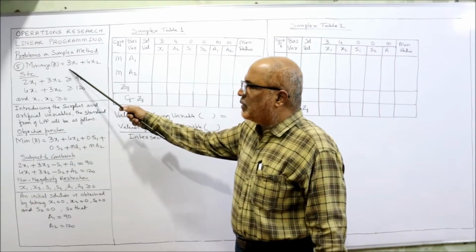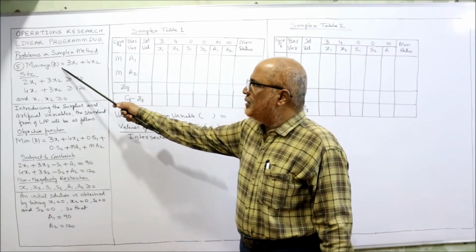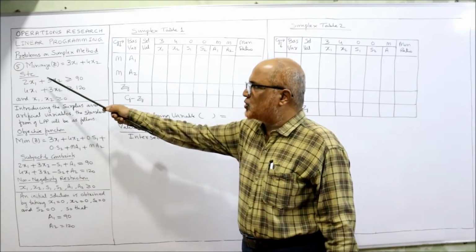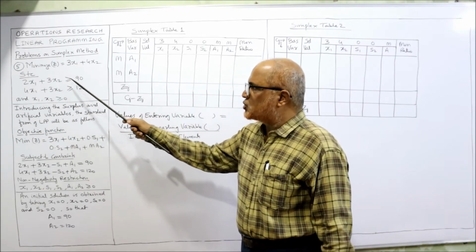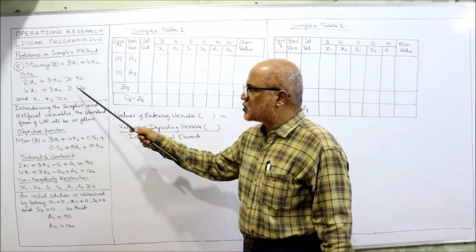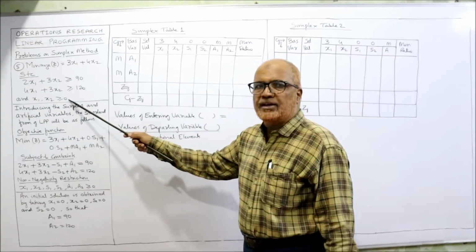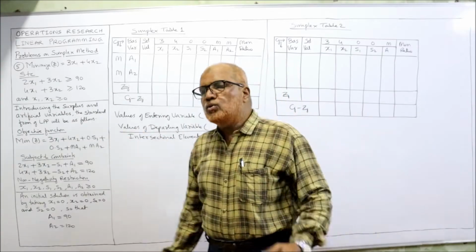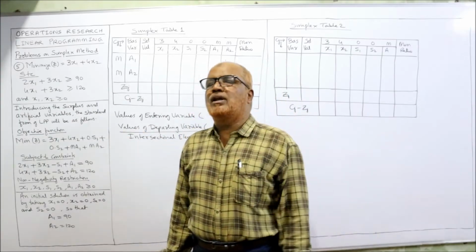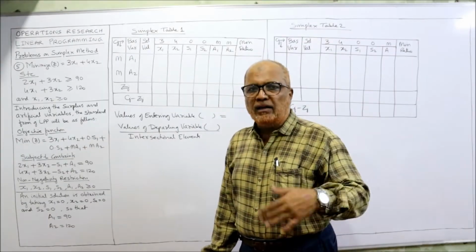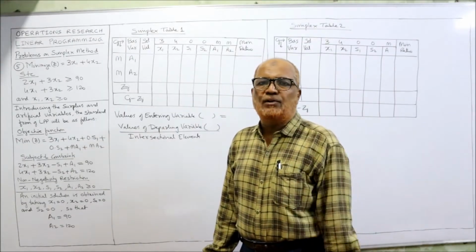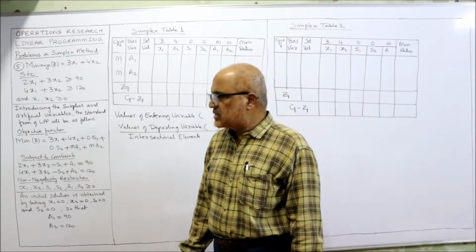So this is the original problem given. Minimize 3x1 + 4x2 subject to the constraints 2x1 + 3x2 ≥ 90, 4x1 + 3x2 ≥ 120, and x1 and x2 are greater than or equal to 0. Introducing the surplus and artificial variables, we can convert that LPP into standard form for solving by simplex.